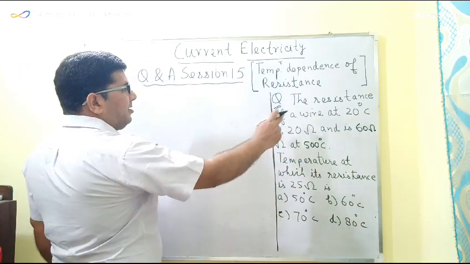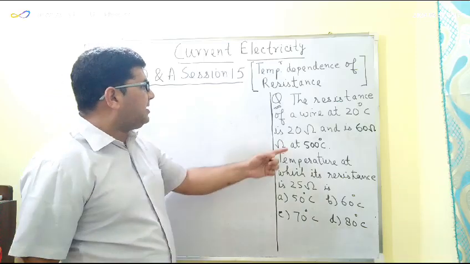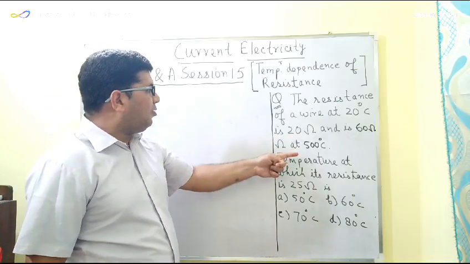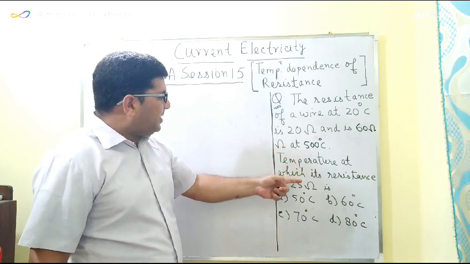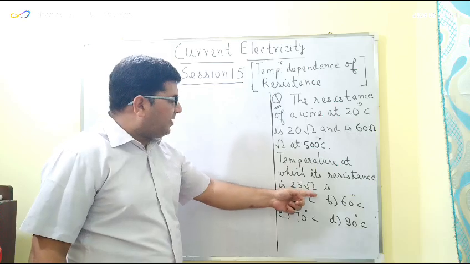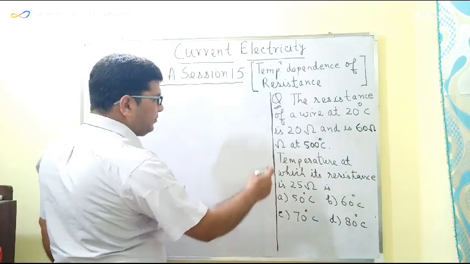So here the question is: the resistance of a wire at 20 degrees centigrade is 20 ohms and it is 60 ohms at 500 degrees centigrade, and the temperature at which its resistance is 25 ohm is. So there are four alternatives here and we have to find the correct one.